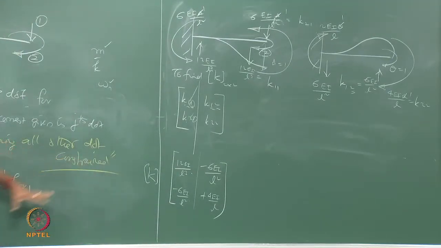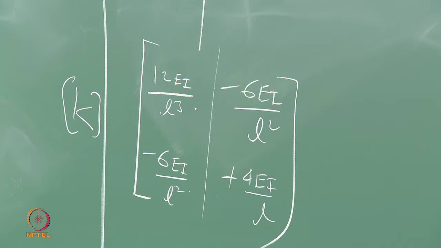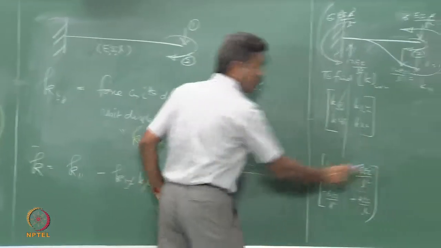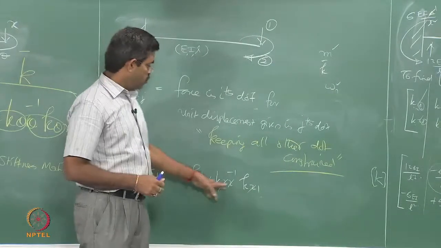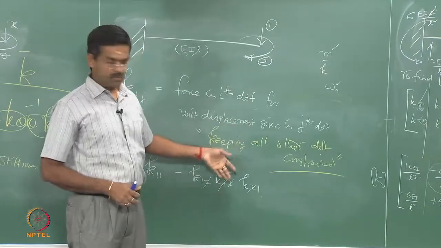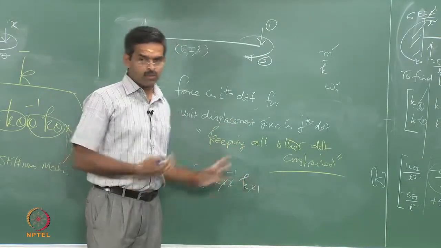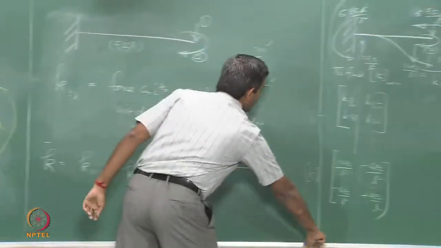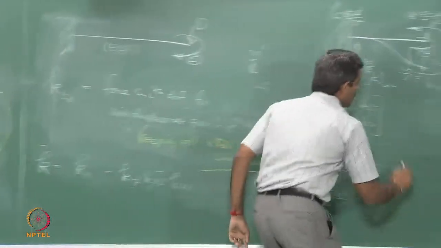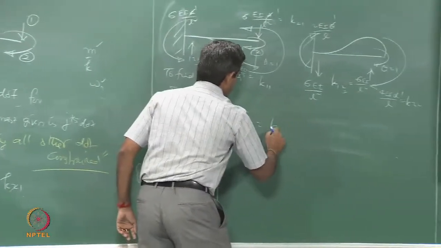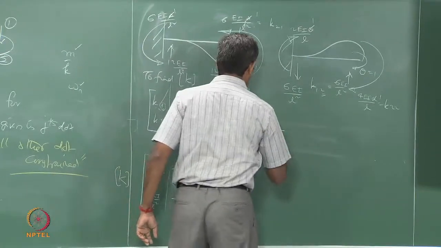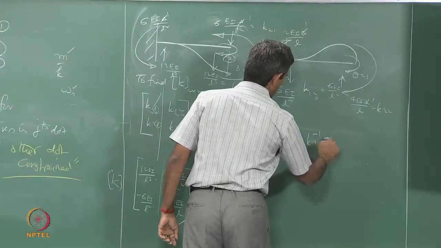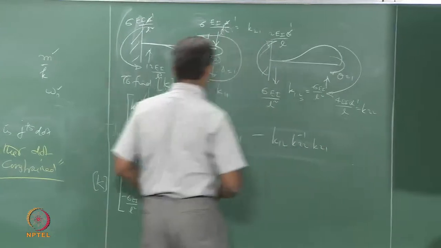I have all the values: K12, K22, K21. I can take an inverse of that, substitute them and get K bar. Let us do K bar. K bar is going to be K11 minus K12, K22 inverse, K21.